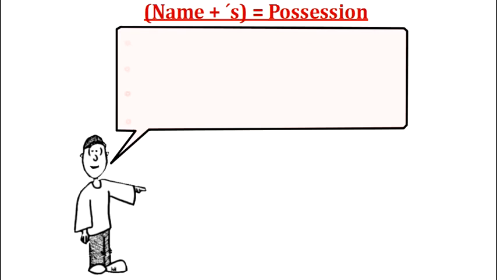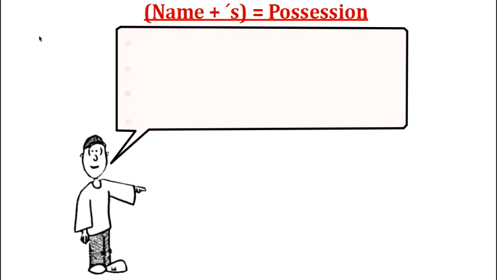We have one more type of possession. We use a name and apostrophe s, and that is possession. Name, apostrophe s, and that is possession.